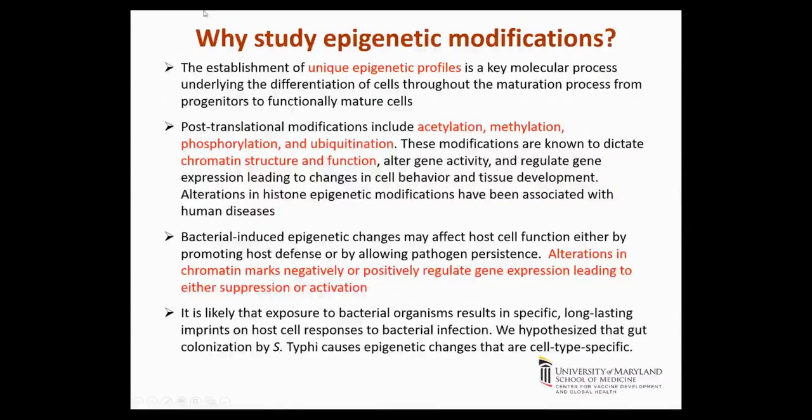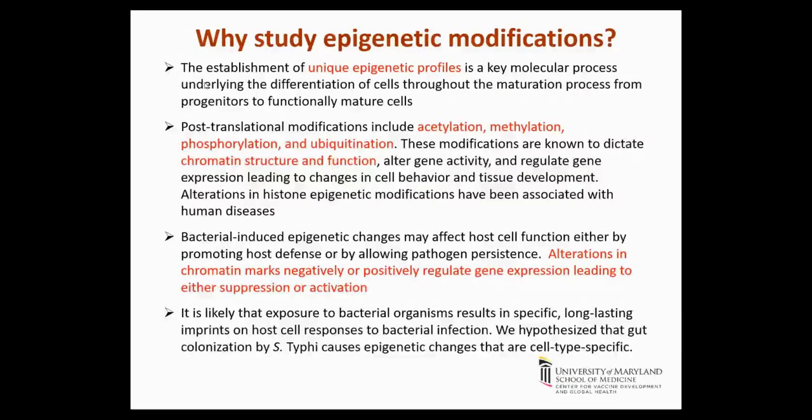So why study epigenetic modifications? These are the main reasons. The epigenetic profiles that are elicited upon stimulation of cells are key molecular processes which underlie the differentiation of cells throughout the maturation process, all the way from progenitors to functionally mature cells.